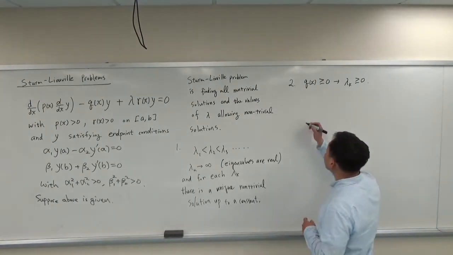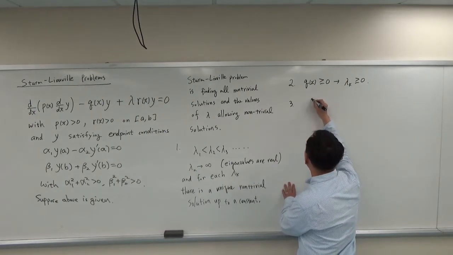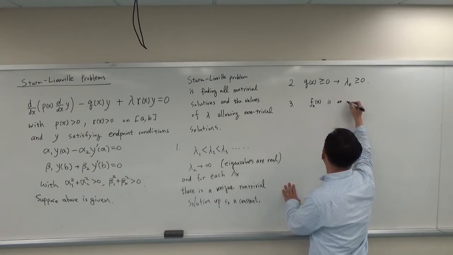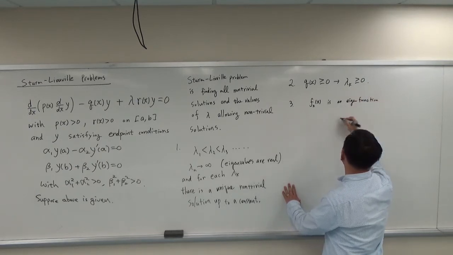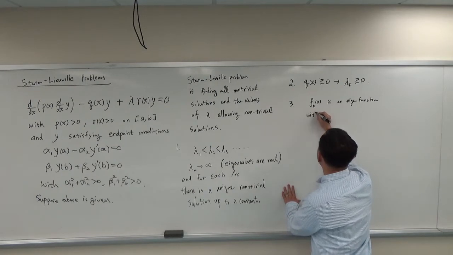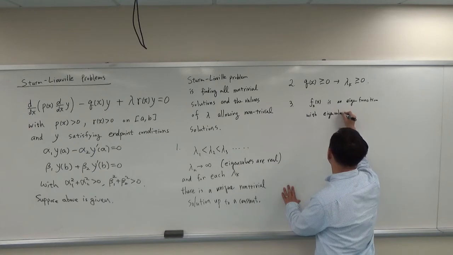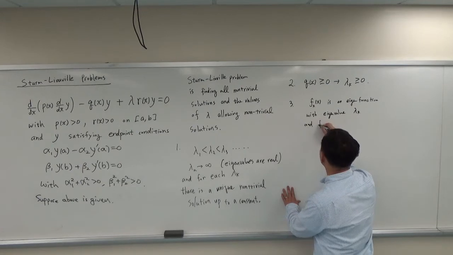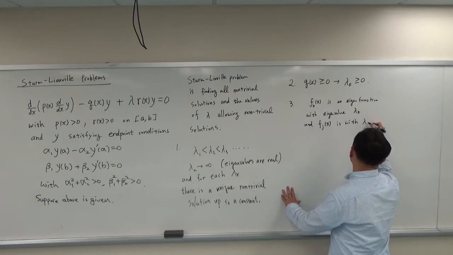And now number 3, if f_k of x is an eigenfunction with eigenvalue lambda k, and f_j of x is with lambda j, right?